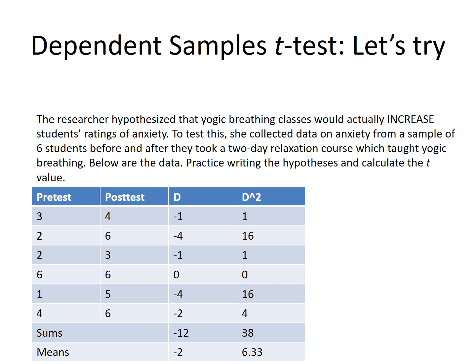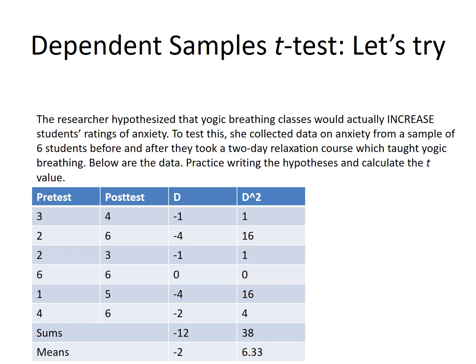So the D's we have here are -1 because that's 3 minus 4 equals -1, -4 because 2 minus 6 equals -4, and so on. The sum of D here is -12. Had we done post minus pre, our sum of D's would have been positive 12. And here I have the means just for my own interest, but you can ignore those on this slide.